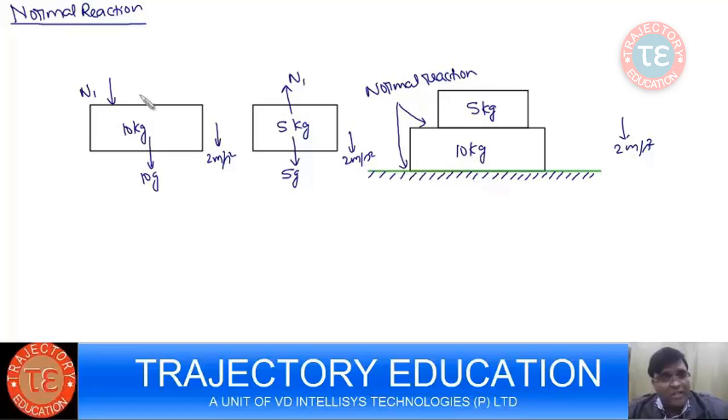It means the surface is constraining the motion of the 10 kg mass by applying a force, let's call it N2. And as a reaction, the 10 kg mass will apply force N2 on the surface.